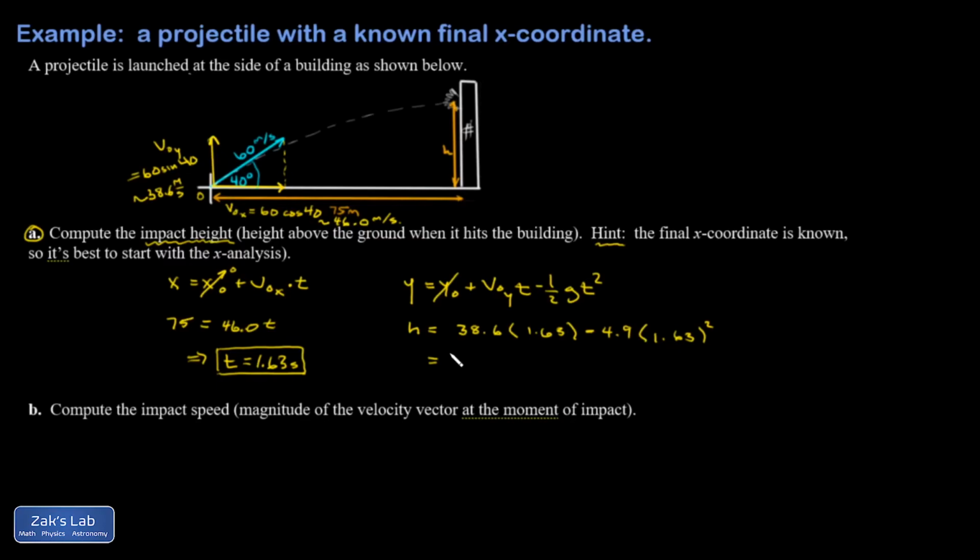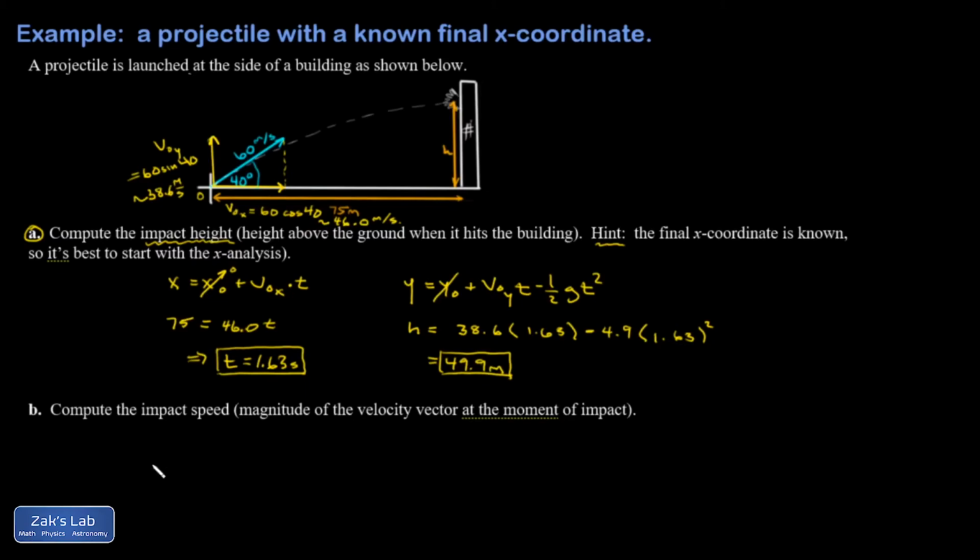And we'll crunch these numbers real quick. And I get 49.9 for that. All right, so the projectile hits the building about 50 meters above the ground.